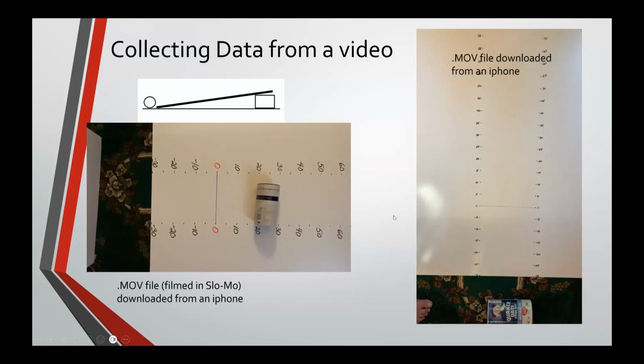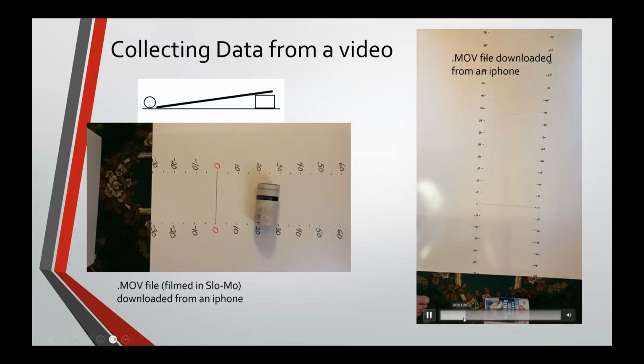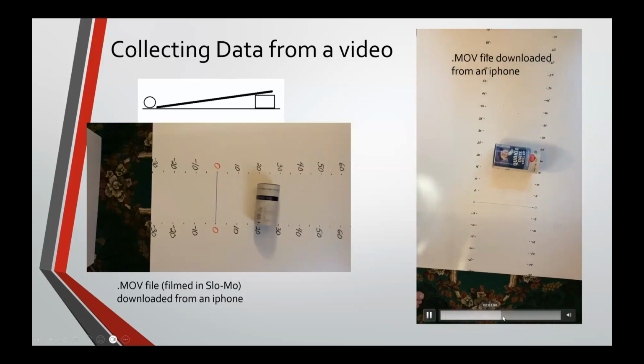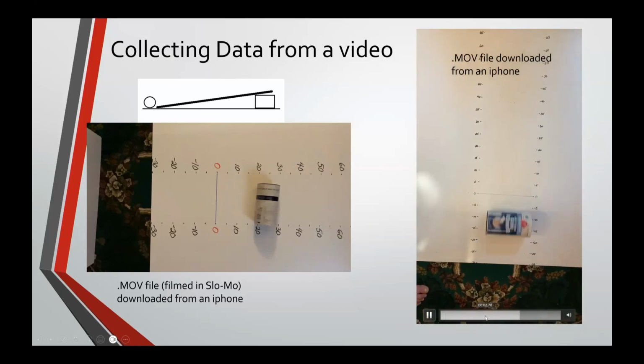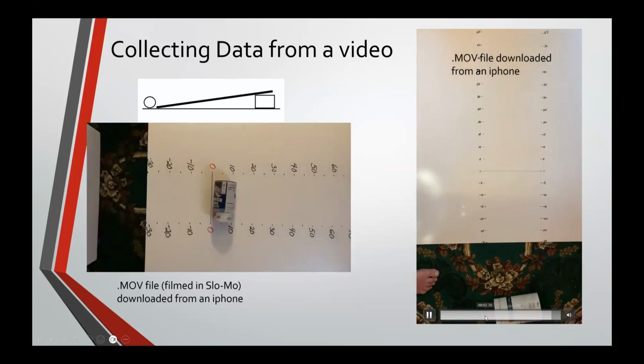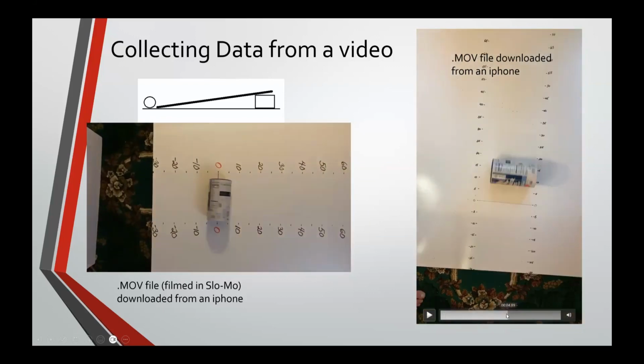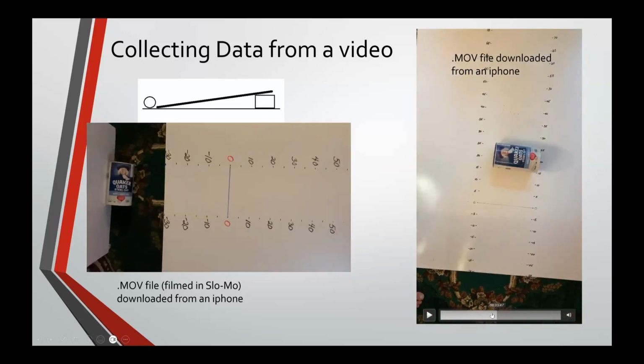The video on the right is a different method. I used a ruler instead of a foam board, and I also had smaller numbers, so I made the numbers bigger for this particular video. But notice that now I've got both of them going at once.